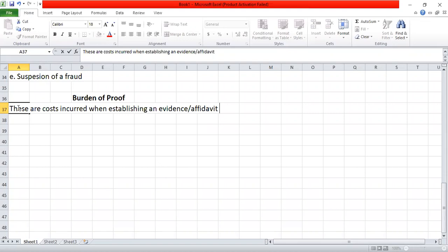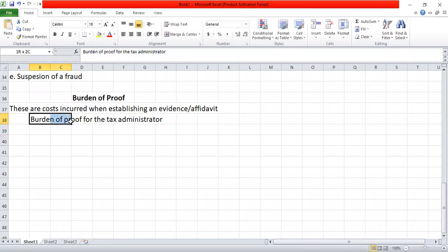Now, some burden lies with the taxpayer and other burden lies with the tax administrator. What is the burden of proof which lies with the tax administrator?